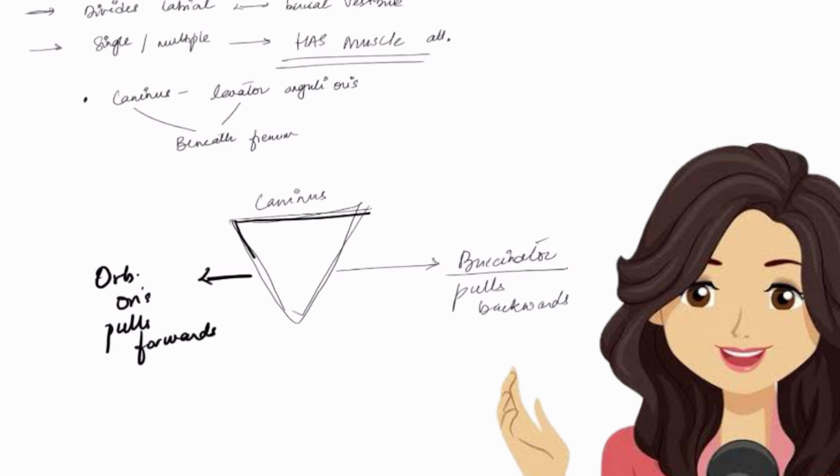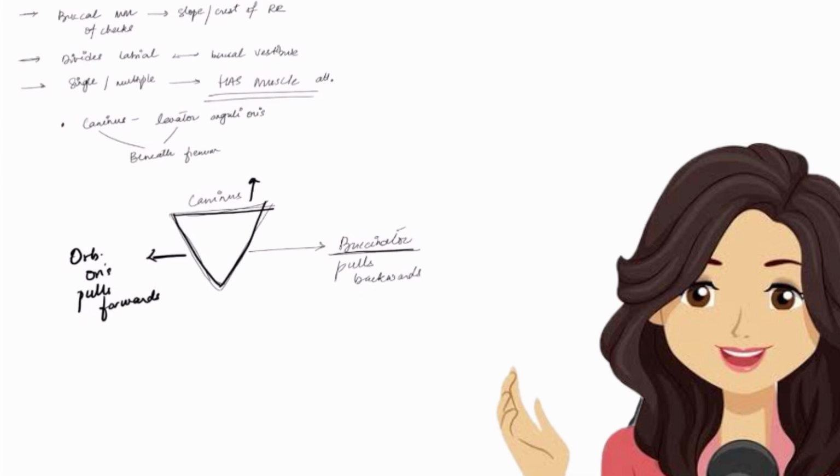So caninus will be present underneath and pulls it down. Buccinator pulls it backwards, and orbicularis oris pulls it forwards. Together, these three muscles are going to influence your buccal frenum. That is why you need a wider relief for your buccal frenum, or you call it crescentic.